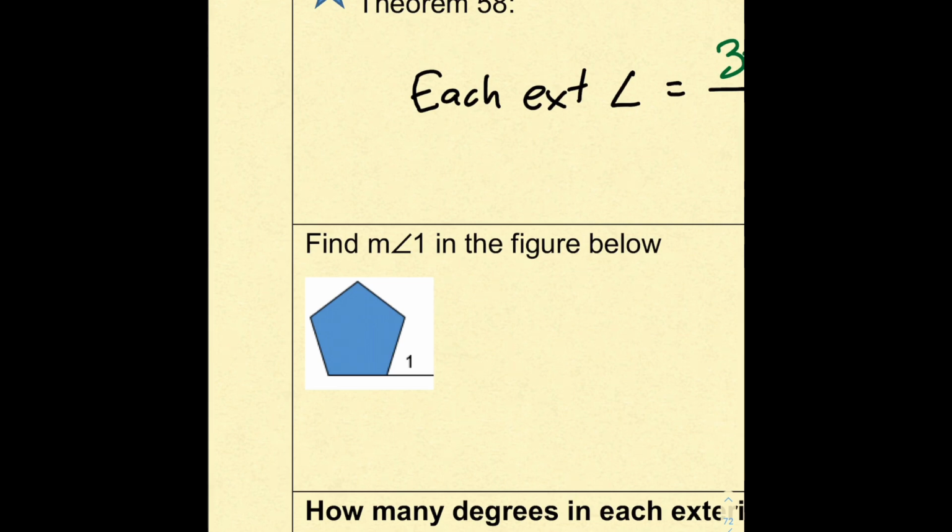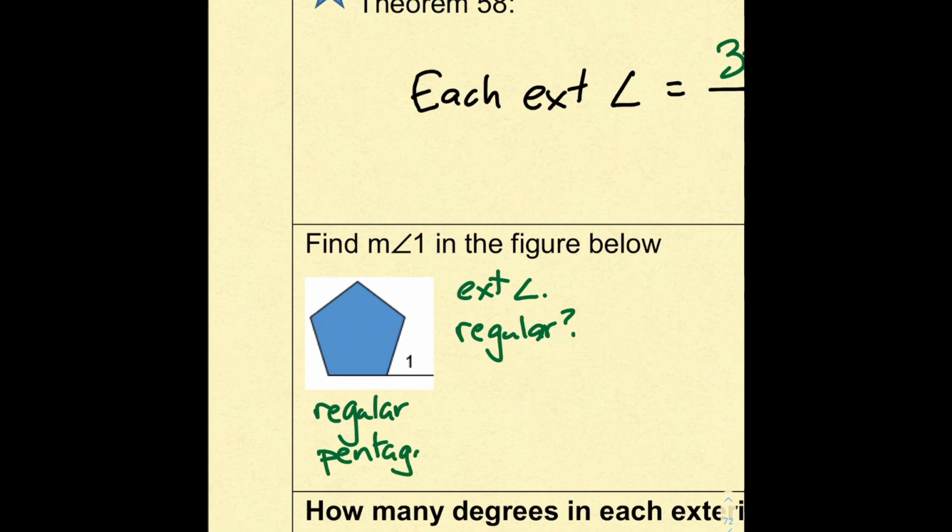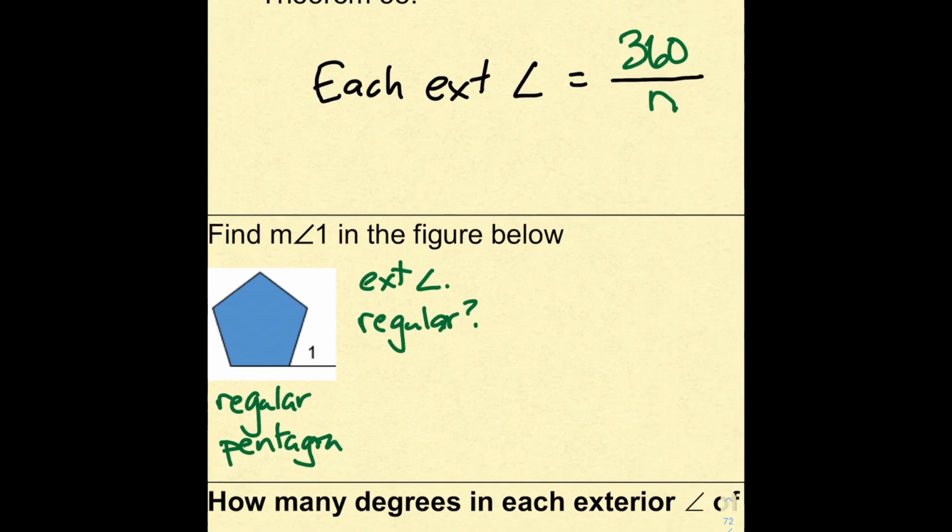So here's a problem. It says find the measure of angle 1 in the figure below. We see that this is the exterior angle. Is this regular? They didn't tell us. If we didn't know that, we wouldn't be able to proceed. So we're going to assume this is a regular pentagon. A regular pentagon has 5 sides, as you can see.